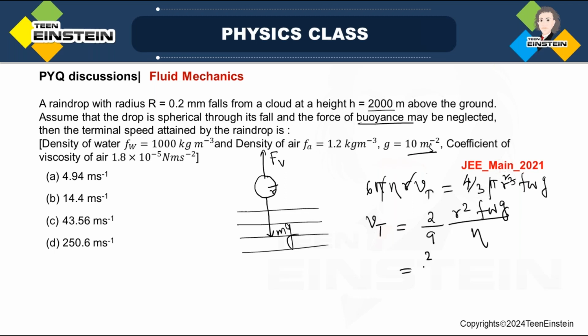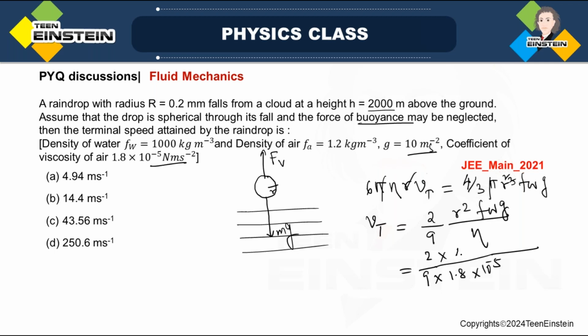So this 2 by 9, it is fine. Eta is given as, okay, it is this one, 1.8 into 10 to the power minus 5. This r is 0.2, that means 2 into 10 to the power minus 4 in meter.